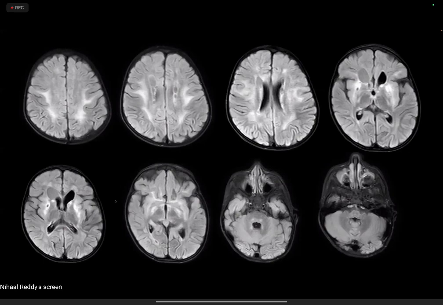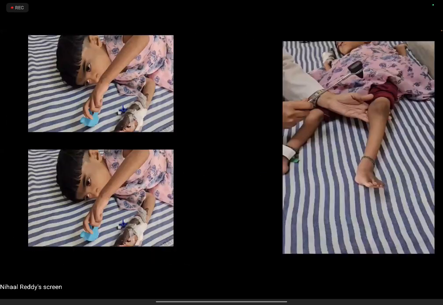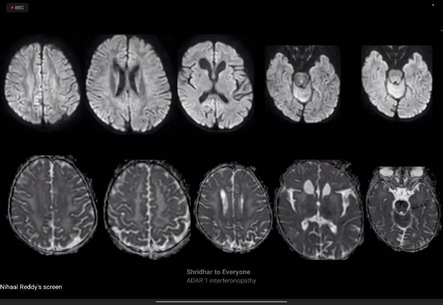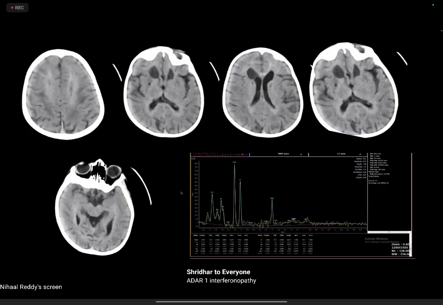Michael, can you show the spectroscopy once more? There is a choline. What was the age? I forgot the age. Krishna, any idea? 7 years, sorry, 7, 8 years, yeah. So the choline is elevated for a 7-year-old. Is that right, Dr. Vijay?